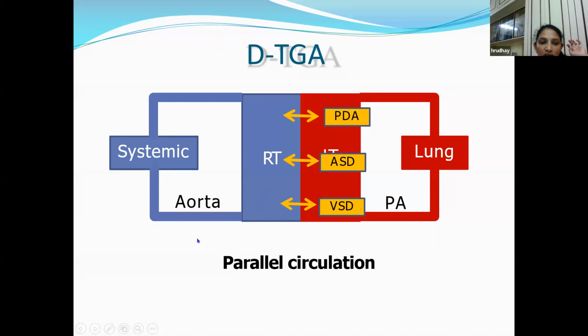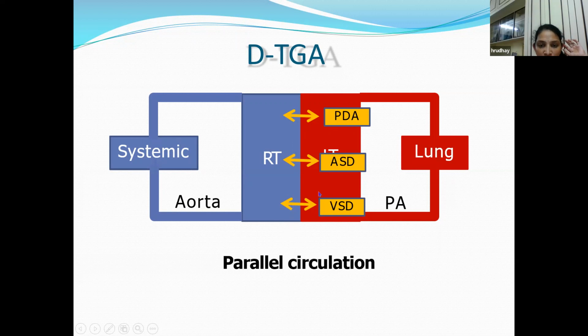So this aorta will receive deoxygenated blood and go to the systemic circulation, and then the systemic circulation will bring back deoxygenated blood from all parts of the body to the right atrium, and then again the right ventricle. It will be a parallel circulation. If there is no connection between the right and left side of the heart anywhere, either in the form of a PDA, or if there is no ASD, no VSD, there will be an early presentation.